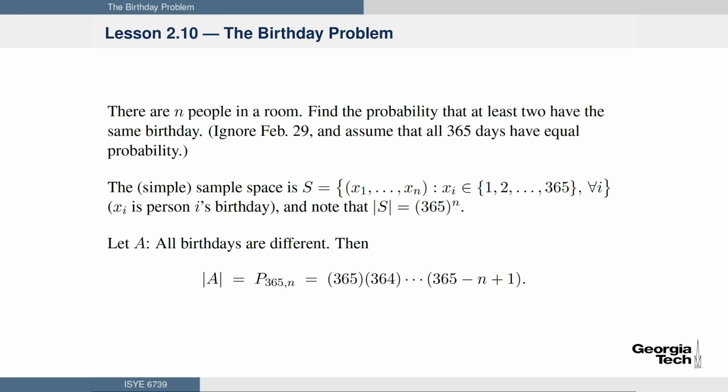And the way that we get that, well, we pick our first birthday, 365. Pick our second, it's got to be different, 364. Pick our third, got to still be different, 363. And it goes all the way down to 365 minus n. Remember, we have that nasty plus 1. But that's what the permutation of 365 things taken n at a time is.